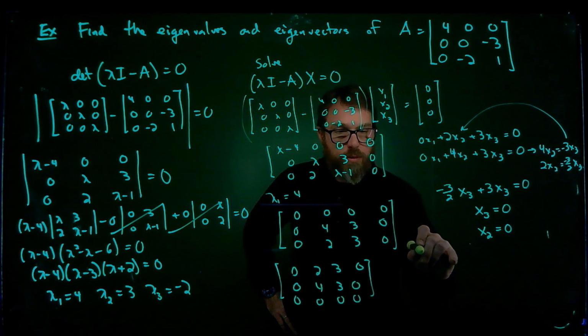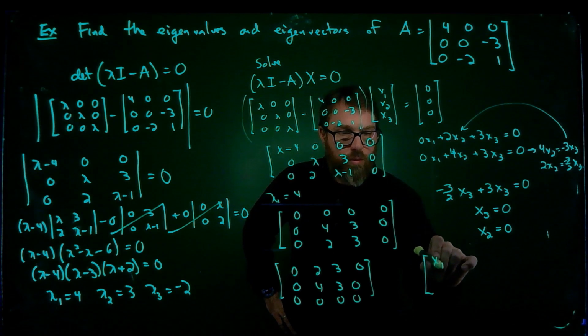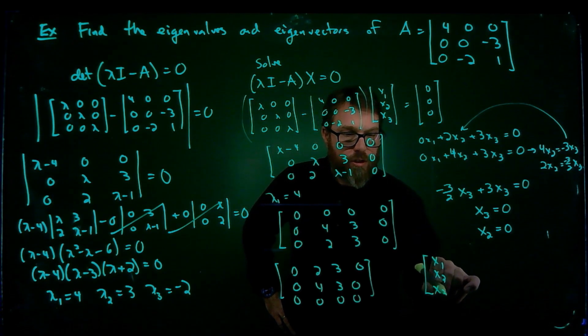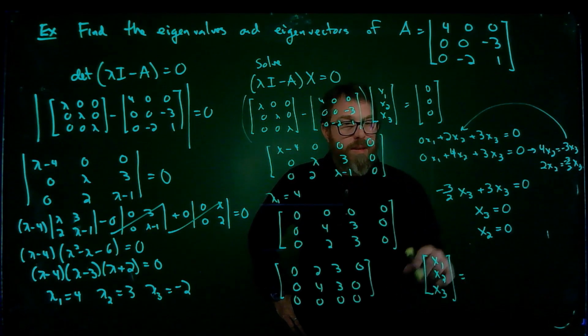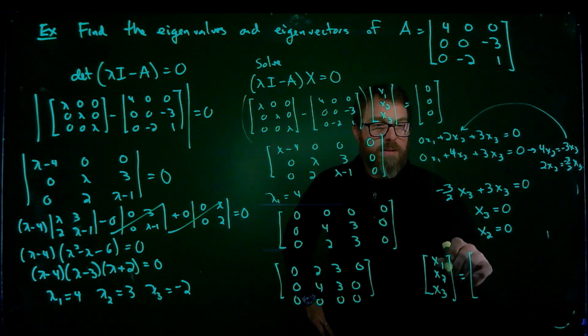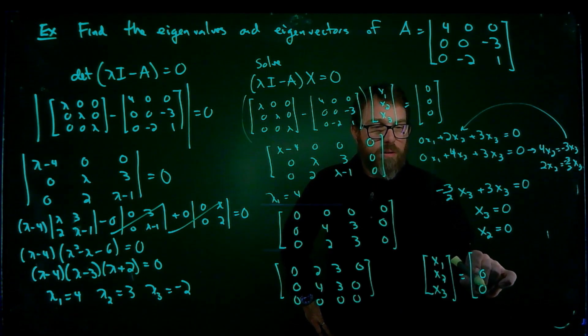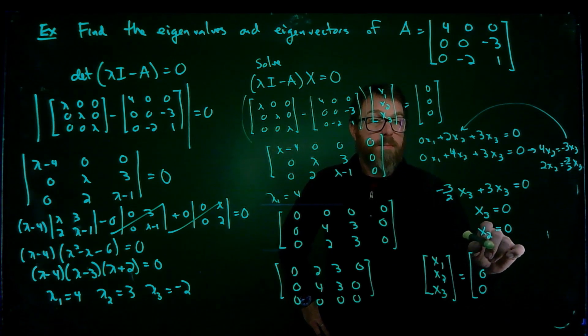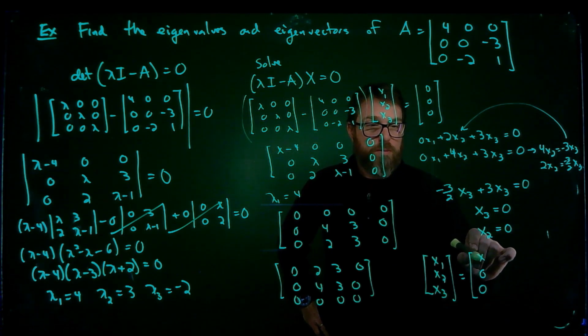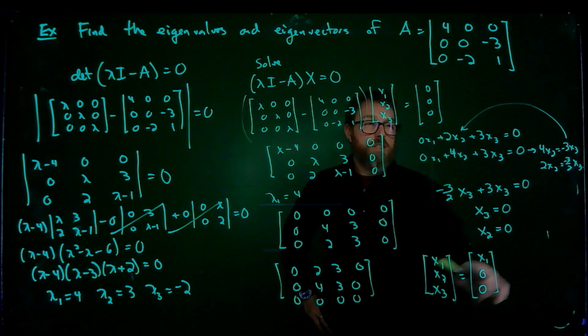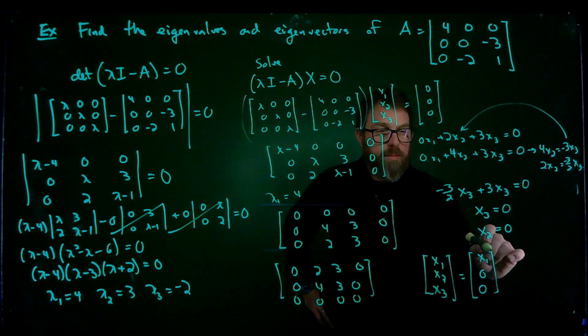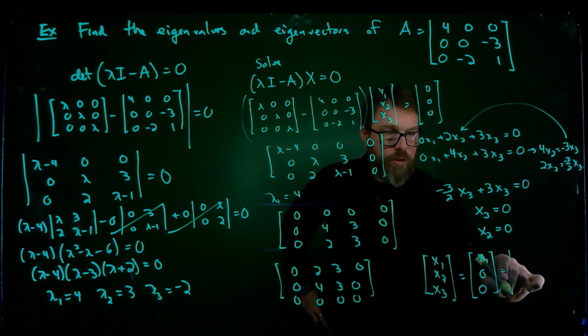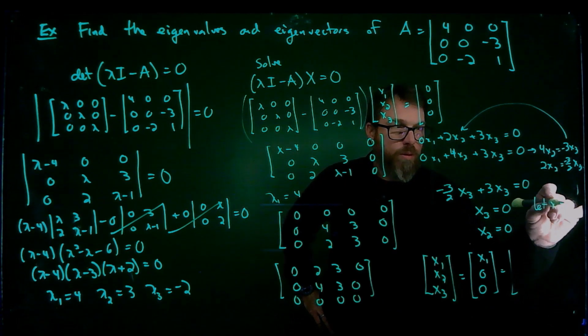So what we get is the vector x1, x2, x3 is going to be equal to, these two are zeros, and then x1 will just be x1. I should have parameterized this. I should have written these things as t's, but it's too late now. It doesn't really matter. So if I parameterize it, you just let x1 equal t.